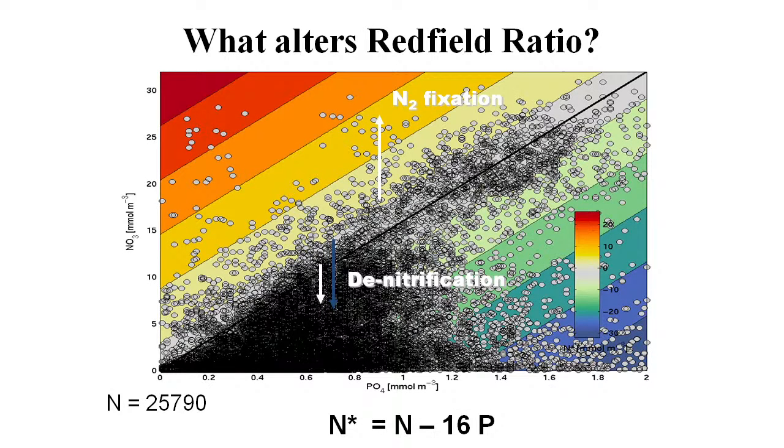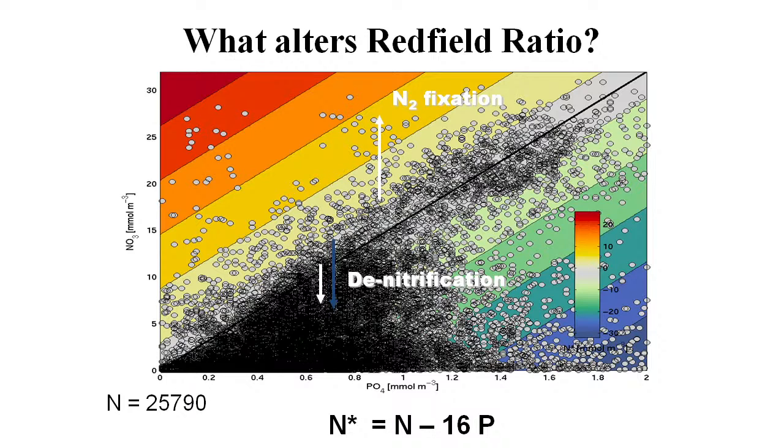How does it affect the Redfield ratio? The Redfield ratio of N to P is 16. So this black line is showing the typical N to P 16:1 ratio. If you plot the global data, then this is the kind of distribution that you get, and it tells us about two things primarily. First, there are zones where the N2 fixation is dominant, and here you see more N and less phosphorus because nitrogen is getting provided into the system.